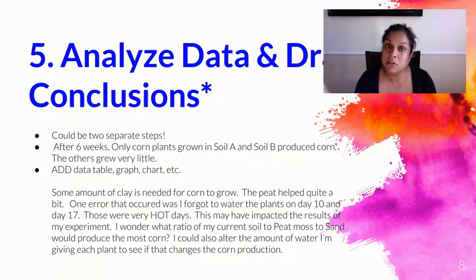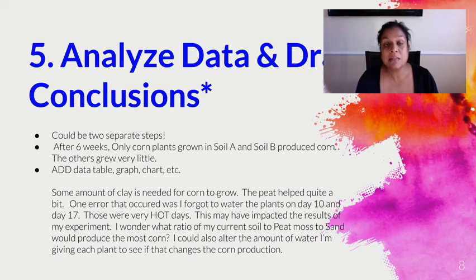However, there were some errors during the experiment. I had forgotten to water the plants for a couple days, and those happened to be hot days, so that might have impeded the amount of growth the corn plants were able to grow.